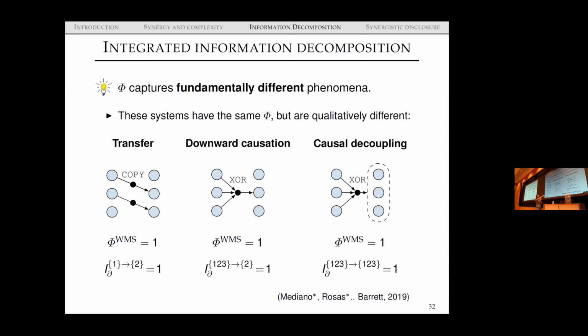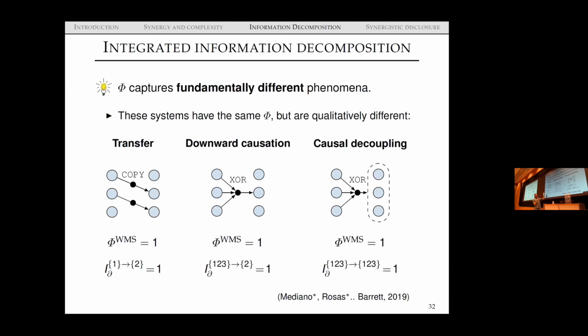I can have a system where all it does is transfer information from one variable to the other, or one where the feature of one variable is the XOR of a bunch of others, or this weird one where the XOR of these three determines some collective property of the feature, but not any one of them. So for all of these systems, phi is exactly the same, but they each have different atoms on, so to speak.